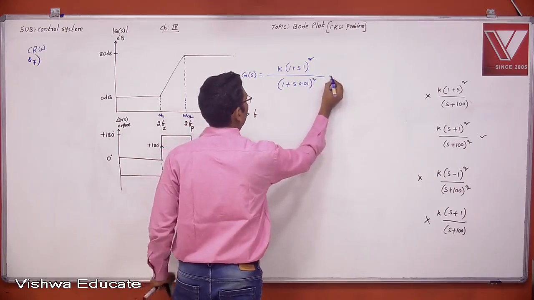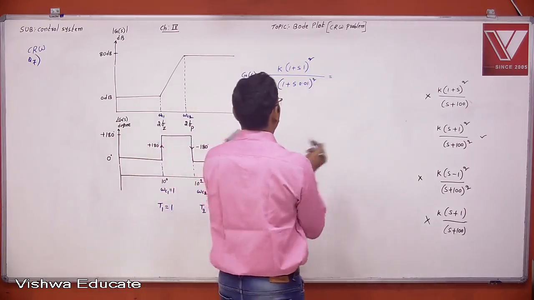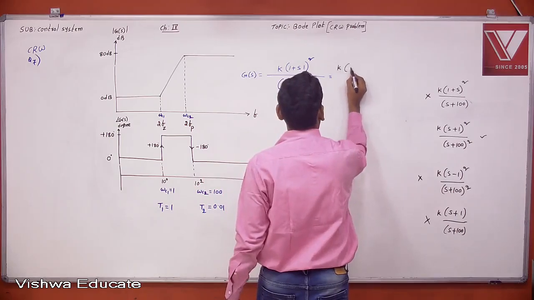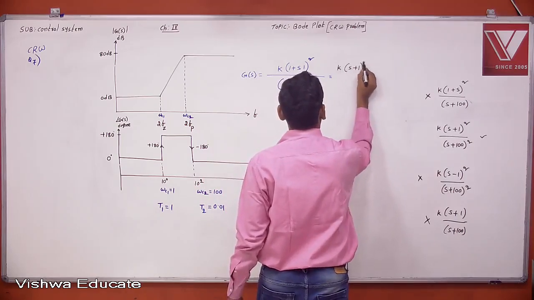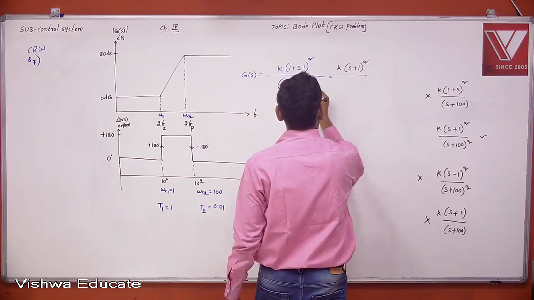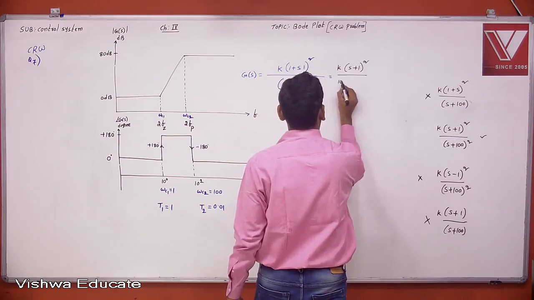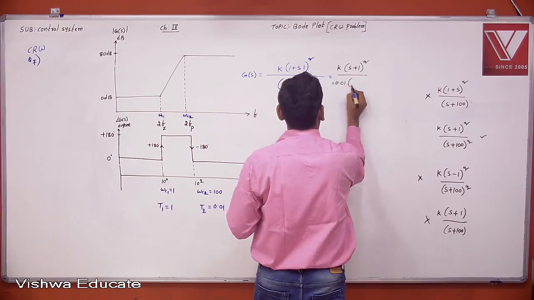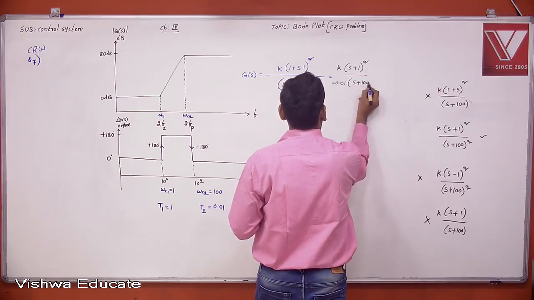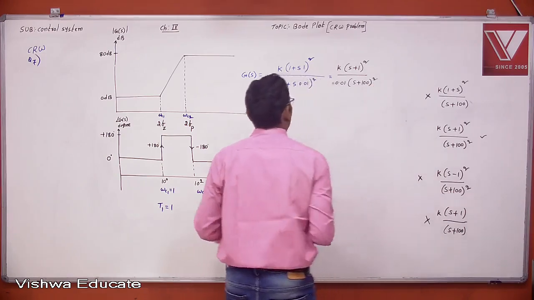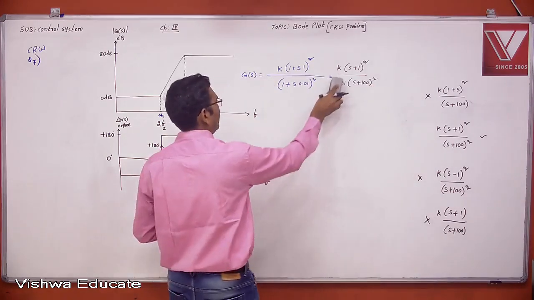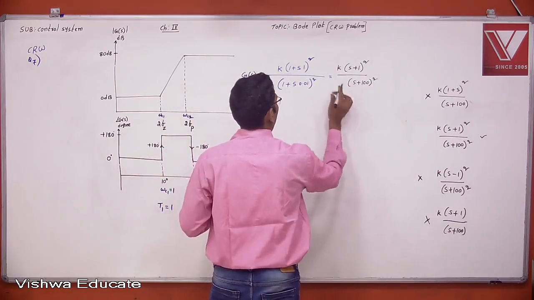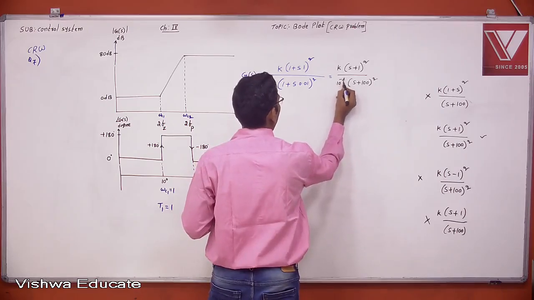This is equal to K into (s plus 1) whole square by, taking 0.01 as common, 0.01 into (s plus 100). Now 0.01 is 10 power minus 2, so whole square it is 10 power minus 4.